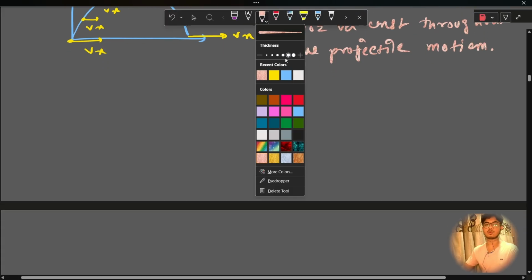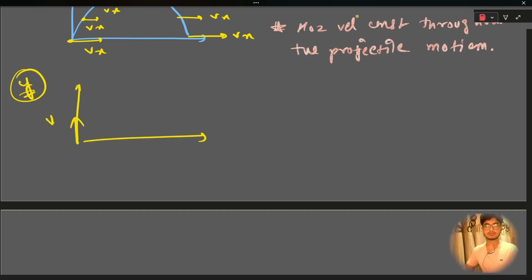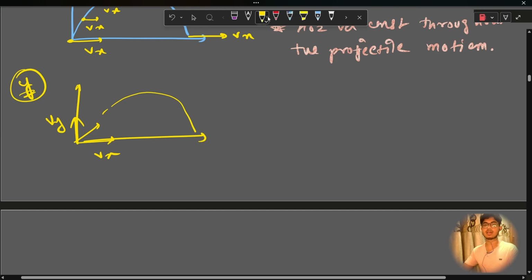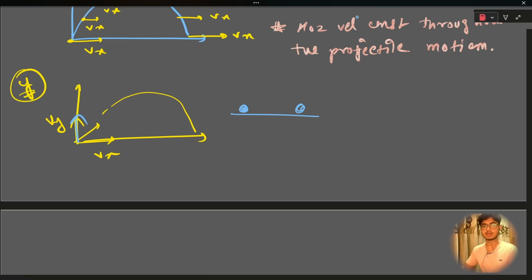Now, if we look at the y-axis, this is the projectile, this is Vy, this is Vx, this is V, this is the path. We're looking just at the y component. We can assume it like the motion of a ball when we threw it up with a velocity u vertically upwards, and it fell down with the same velocity but in the negative direction.